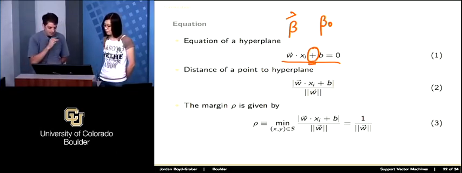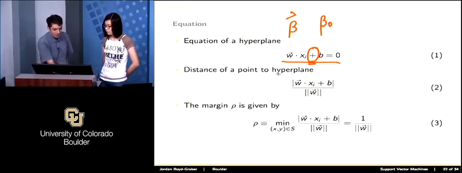Okay, so the distance of a point to the hyperplane is defined by this. Here you have the dot product between the data and the weight vector plus the bias, and then you divide by the norm of the weight vector to get the distance to the hyperplane.